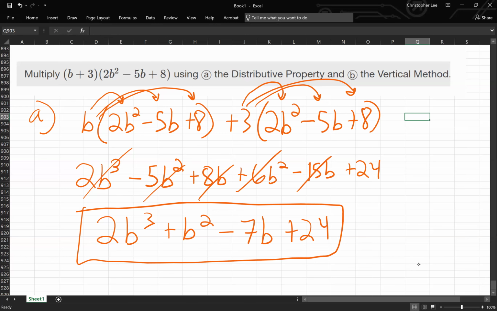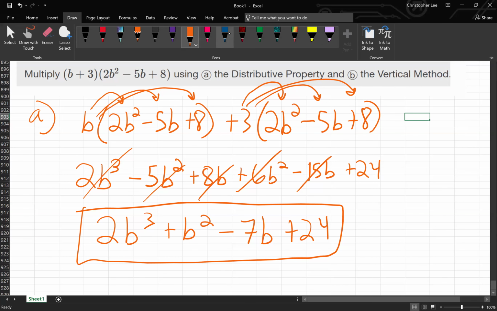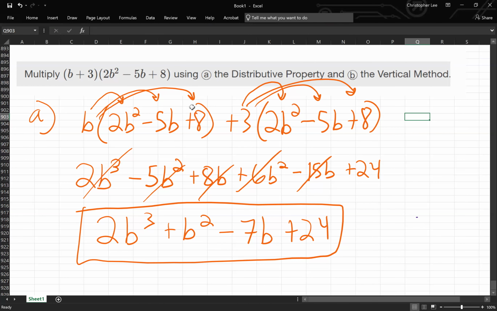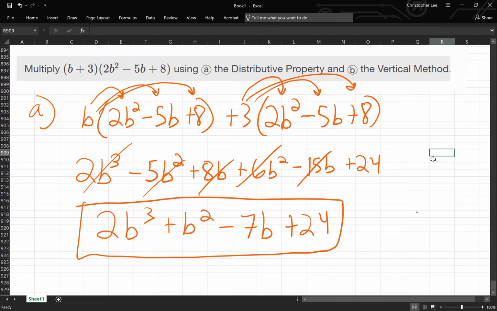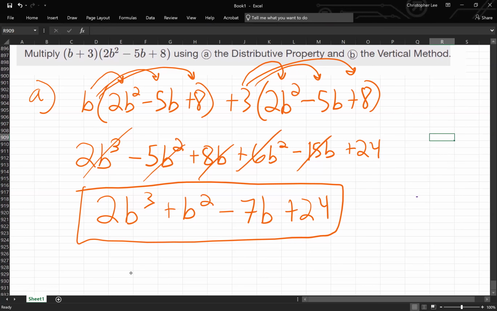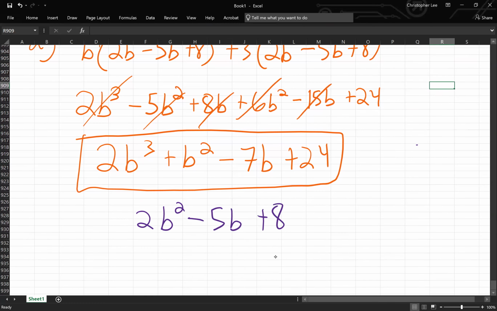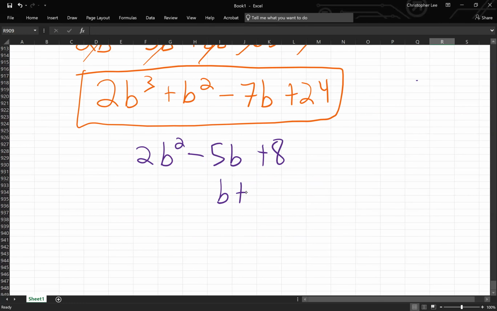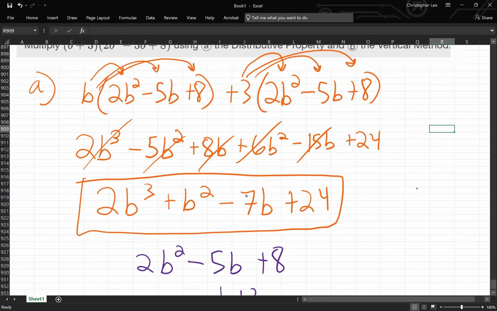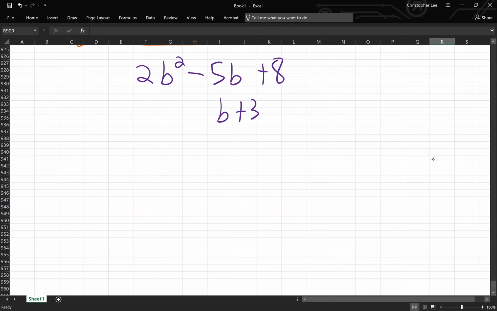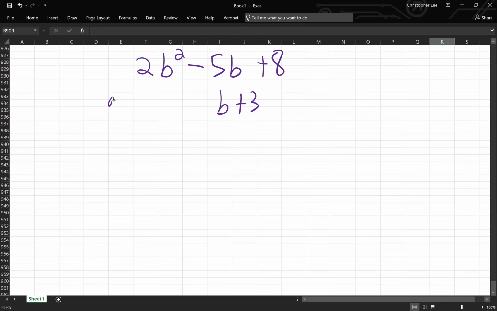All right, let's look at the vertical method real quick. Same question, right? So I have 2b squared minus 5b plus 8. And I want to multiply that by b plus 3. Let me just verify. All right, I'm good. All right, vertical method. That doesn't look good.